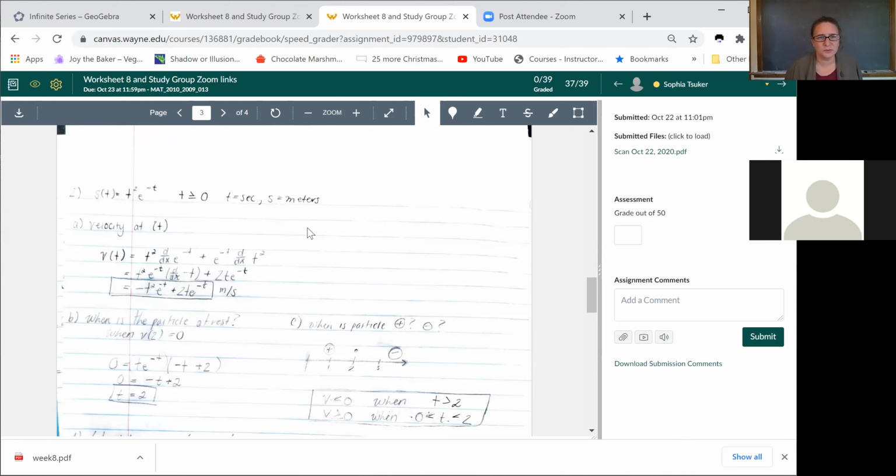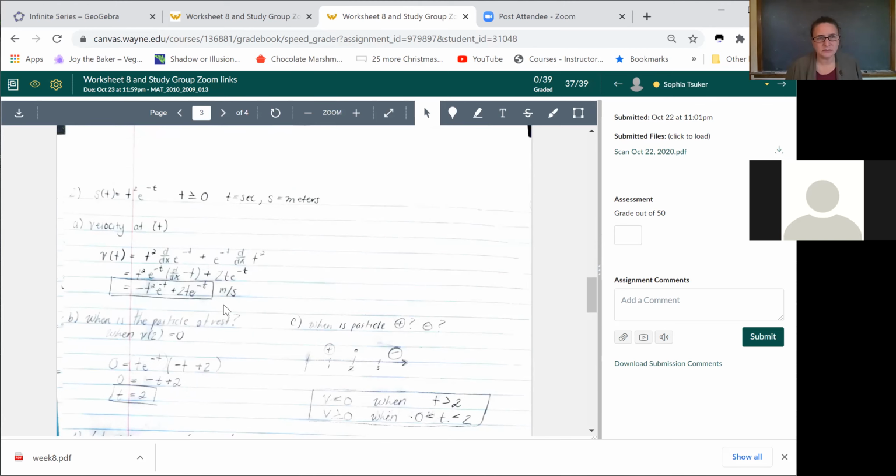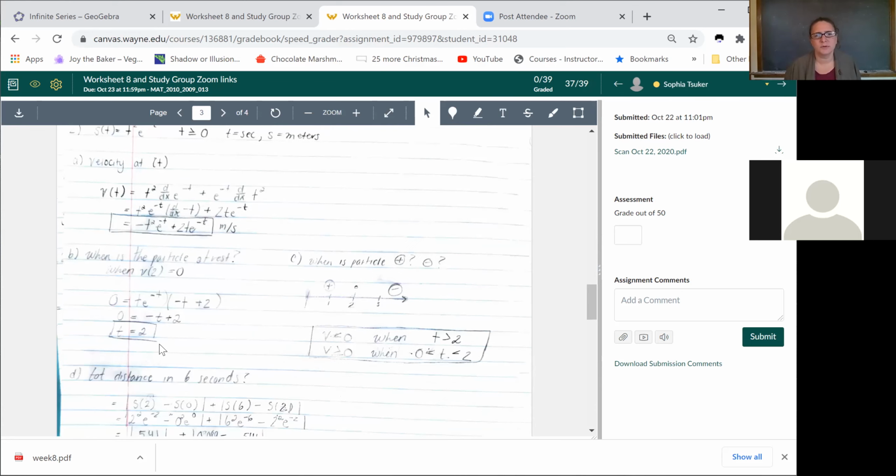So here's number 2. Take the velocity. You take the derivative for the velocity, you get this, because it's a product rule. You set it equal to 0. It's also equal to 0 at 0. But then, yeah, what she did is she made a sign chart with the 0 where you start and the 2, and this is the answer, right?